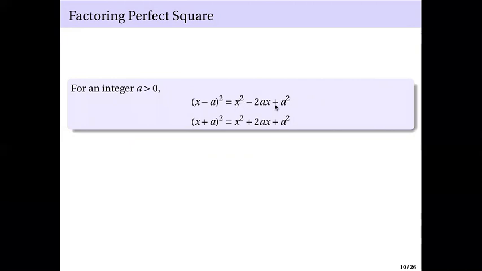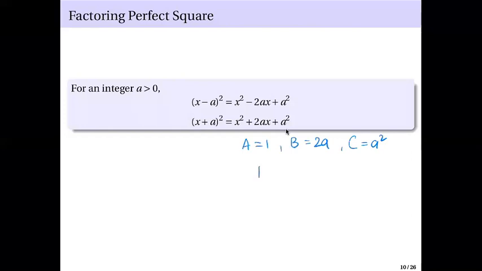So what if you are given this guy here? So how do you go back to this? You just use this formula. You need to identify that clearly. Look at this: your capital A is equal to 1, your B is equal to 2a, your capital C is a squared.